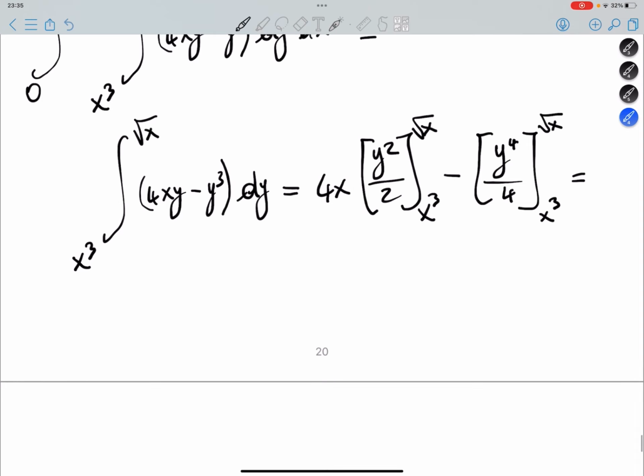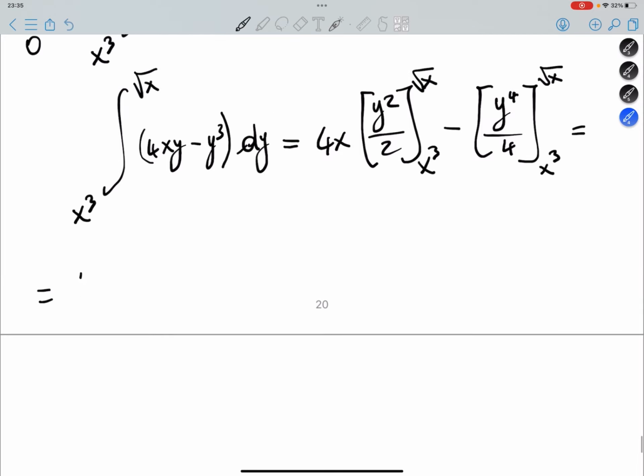Now this is equal to 4x, and then we substitute into our y squared over 2. So we have square root of x; if we square it, we have only x left over 2. Then minus, we substitute x cubed, to the power 2, which is x to the power 6 over 2.